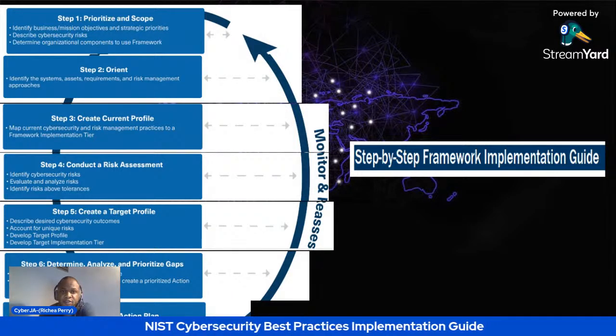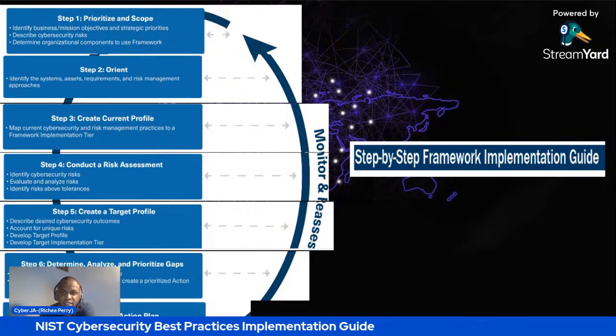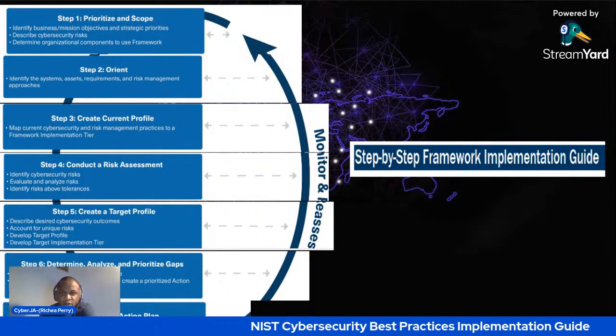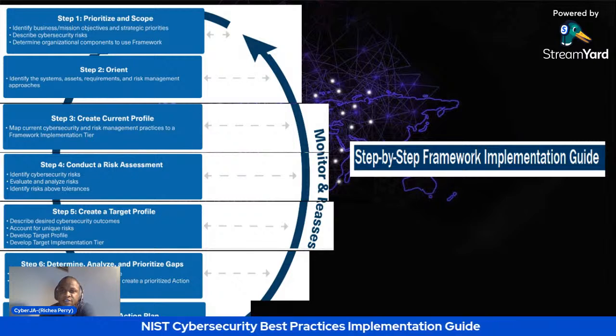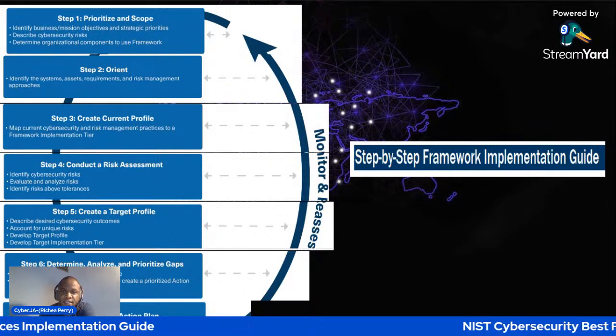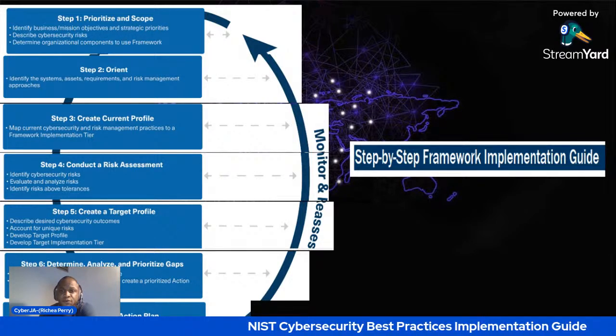This is where the organization determines which actions to take regarding the gaps, if any are identified in the previous step, and then monitors its current cybersecurity practices against the target profile. So an organization may repeat the steps as needed to continuously assess and improve its cybersecurity.